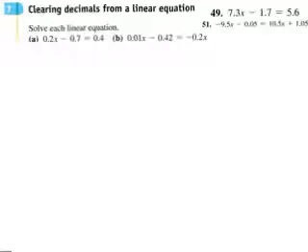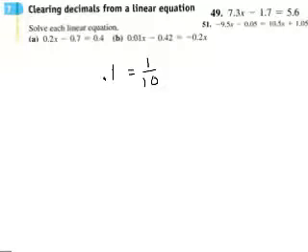Alright, a quick lesson on multiplying times decimals, because that's what we do when we clear decimals. So if you have 1/10, which equals 1/10, right?